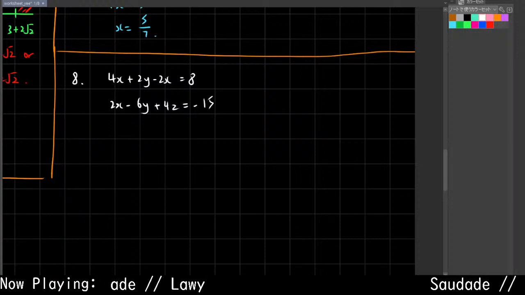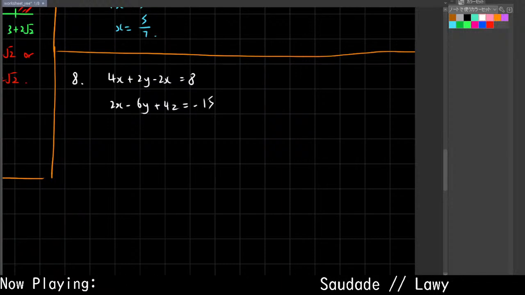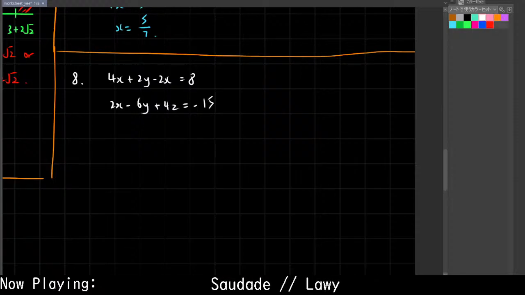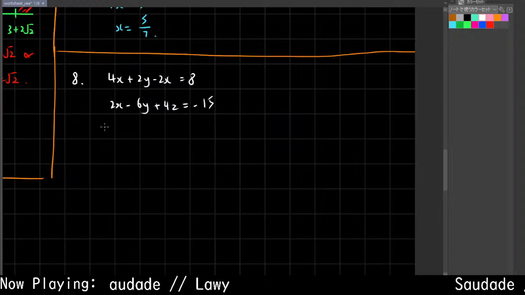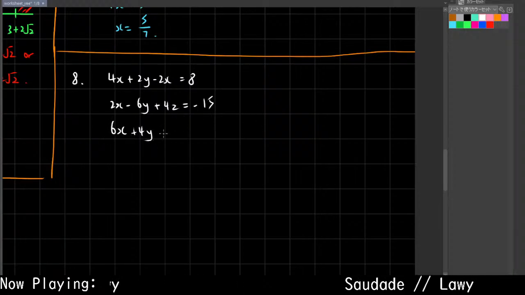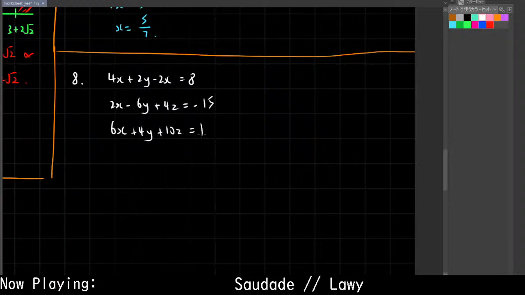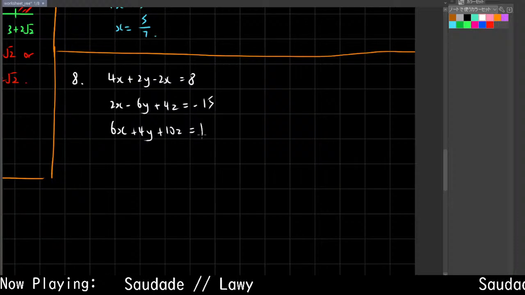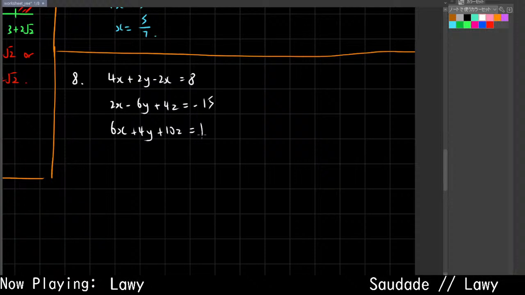Oh, it's negative 15. Okay, yeah, it's negative 15. Then this will be 6x plus 4y plus 10z equals to 1.